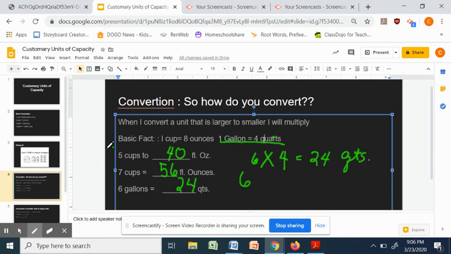That would be it for math today. Tomorrow, we're going to learn how to convert from a small unit of capacity to a larger unit of capacity. But for today, we're just going to focus on how to convert from a larger unit of capacity to a smaller unit of capacity.